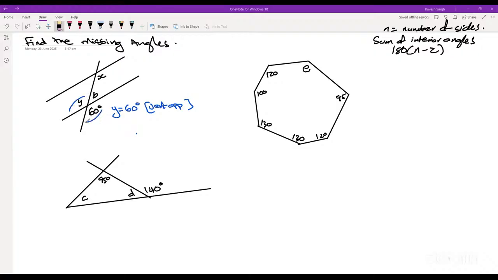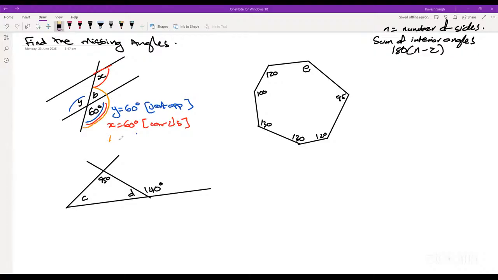Because they're equal. And then if I take 60, it's the same as x. They're both corresponding, and there's an F shape. They're both in the same corner. So I can see that x will equal 60 degrees, and a reason is corresponding angles, which are equal. And then angles on a straight line add up to 180.